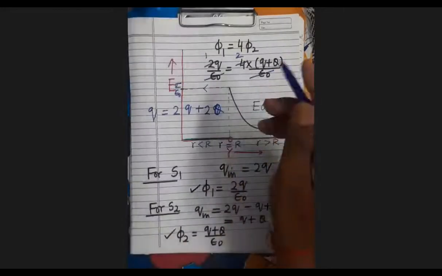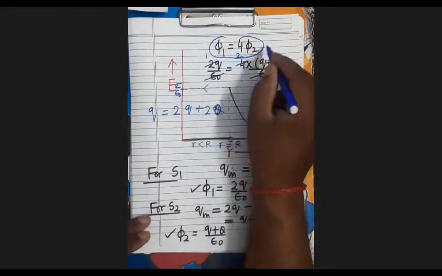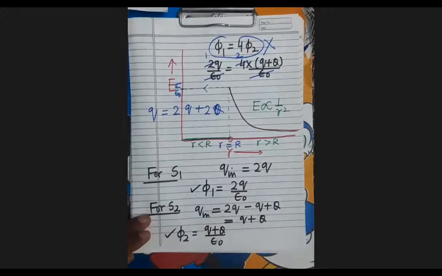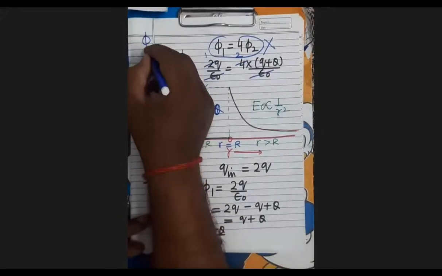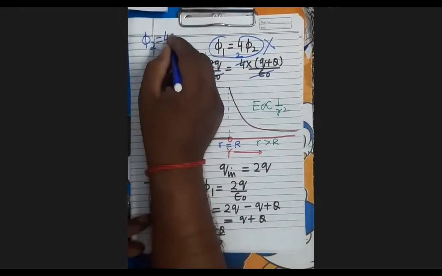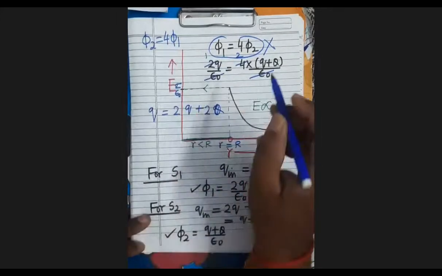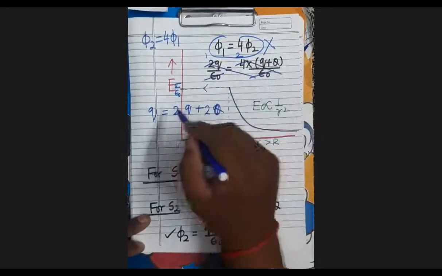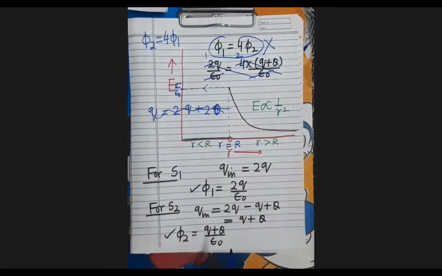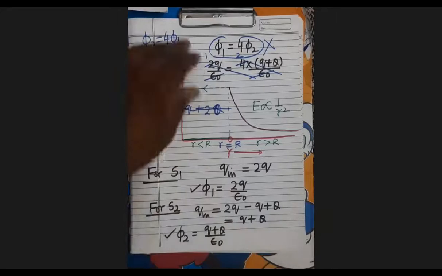Here phi 2 is given 4 times of phi 1. This is not correct. Actually, it is given phi 2 is 4 times of phi 1. Is it clear? All of you see here. Phi 2 is 4 times of phi 1.